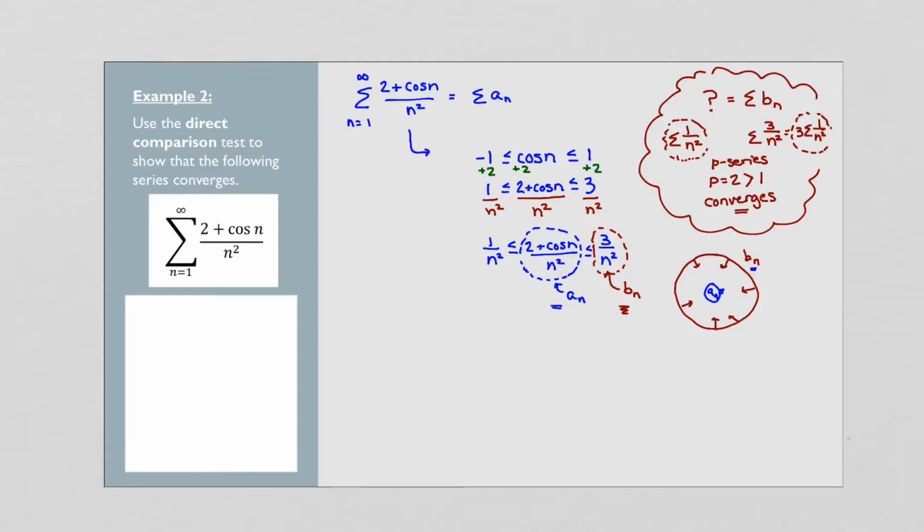Let's write that out. Let b sub n be the series 3 over n squared, n equals 1 to infinity. This is a convergent series by the p-series test.